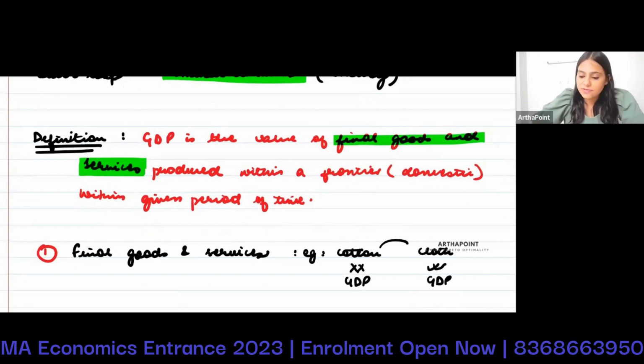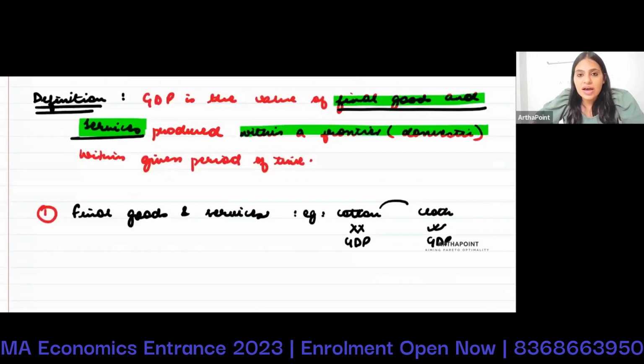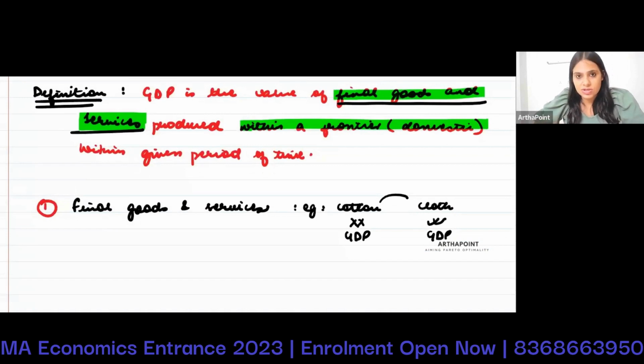So this is the first keyword, that it only includes the final goods and services. The second keyword is within the boundaries of the country, within the domestic frontier, which means I am only interested in what is produced within my country, within my domestic boundaries. If it is produced outside my frontiers, then that is not a part of GDP.